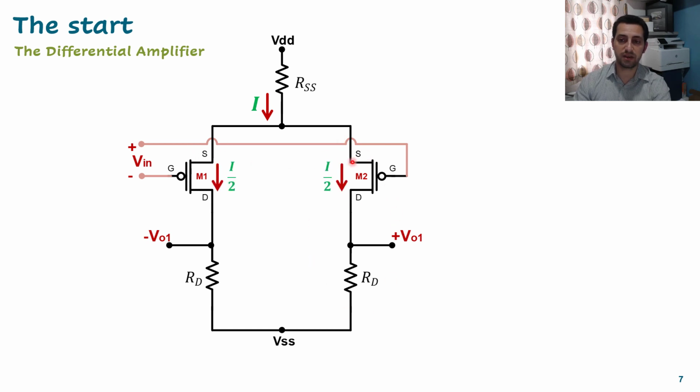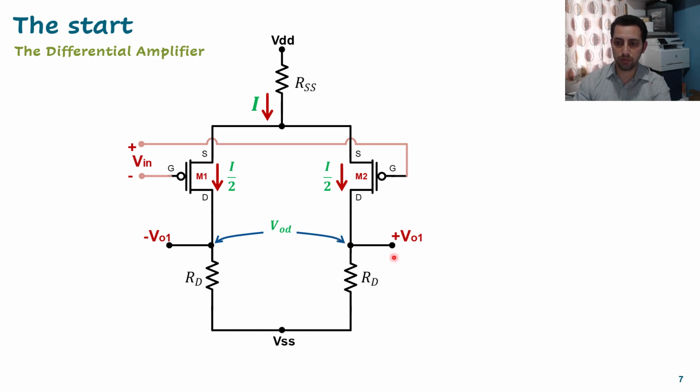That current, I over 2 and I over 2, is considered the bias current. So they are already biased and ready to operate in the region we want the design to be in. Any changes brought by the input should appear between that node and that node, and we call this the differential output.